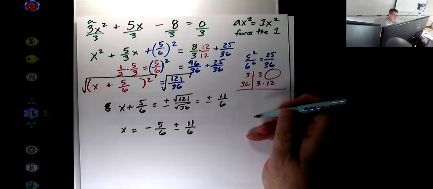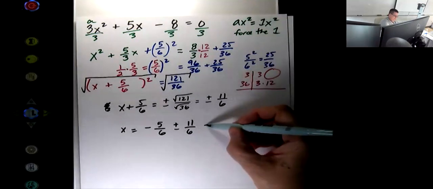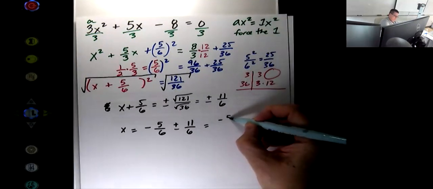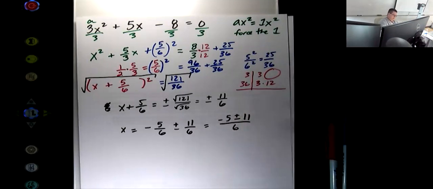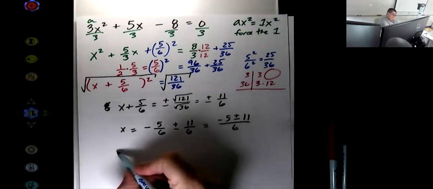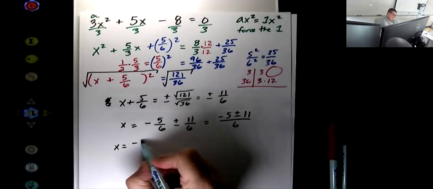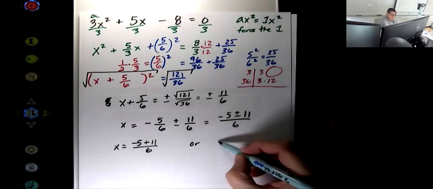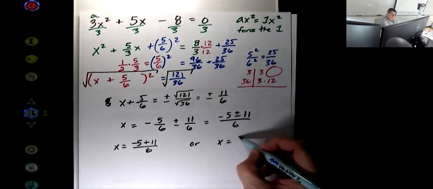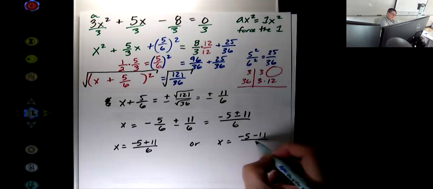Now, this is where we don't want to leave it alone, because we can combine these and do something with this. If we put the denominator together and make one big fraction, I can see this is -5 plus 11 over 6, or x equals -5 minus 11 over 6.